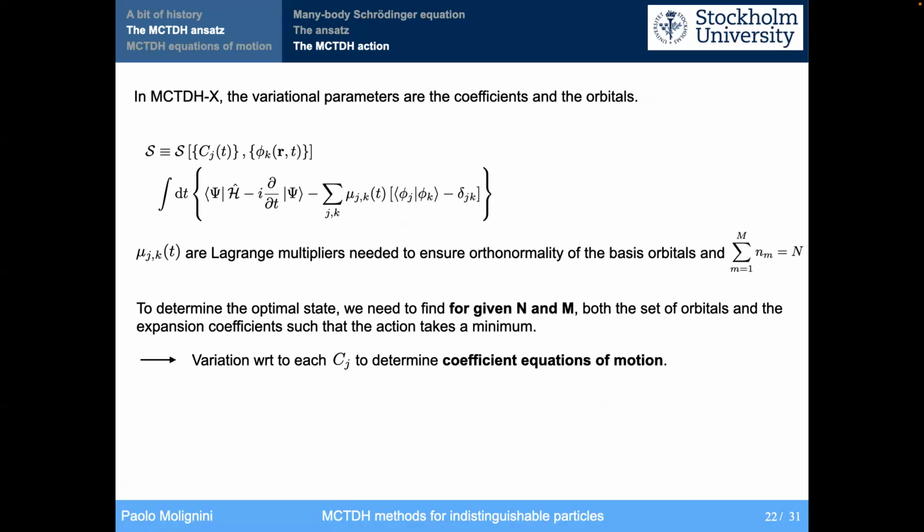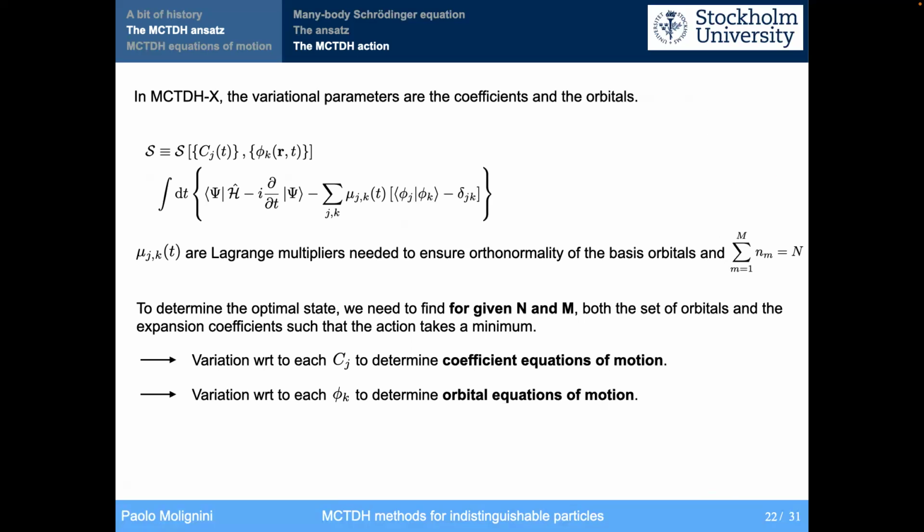I'm not so sure about that, so I want to ask, what do you mean by midway of the calculations? Are there different scripts, like optimization of orbitals, and then you can change the number? No. So with the equations, you do the variation with respect to the coefficients and also to the orbitals, and you get two sets of coupled equations of motion. One is for the coefficients and one is for the orbitals, as we will see in a second.